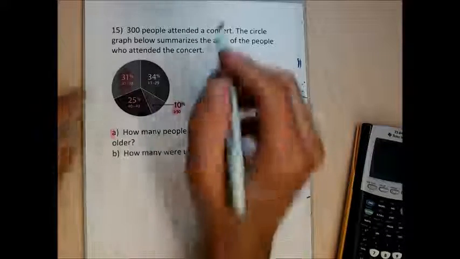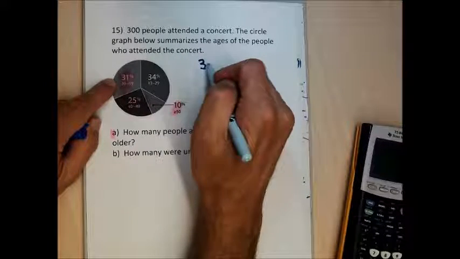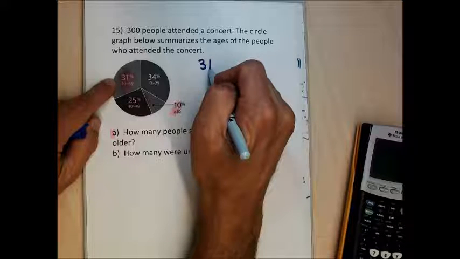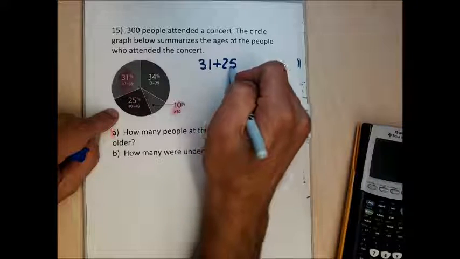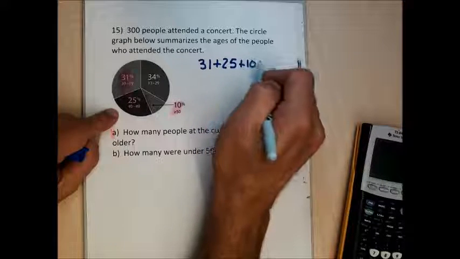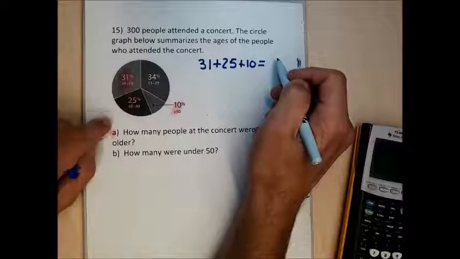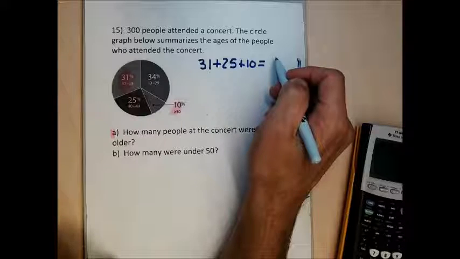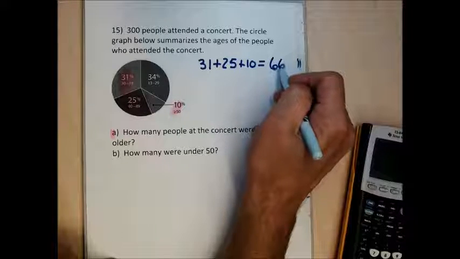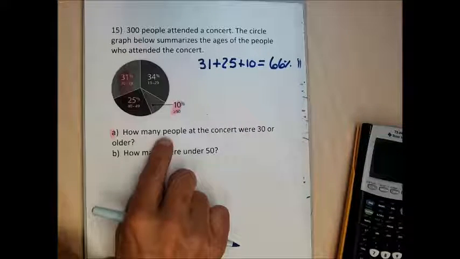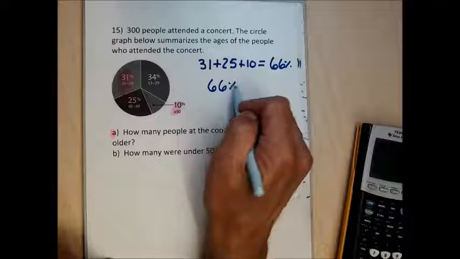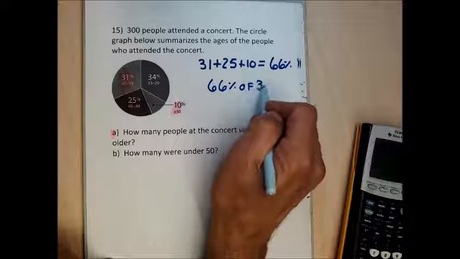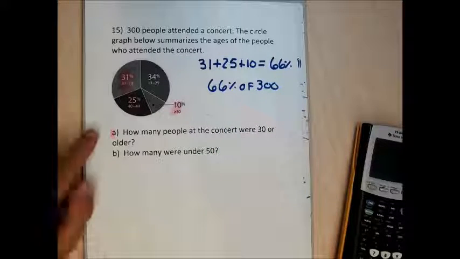And first I'm going to find out how many percent it represents. 31% are 30 to 39. 25% are 40 to 49. 10% are 50 or older. And that's 66%. So 66% of the people at this concert were 30 or over. So I need to find out what 66% of 300 is to get part A done.